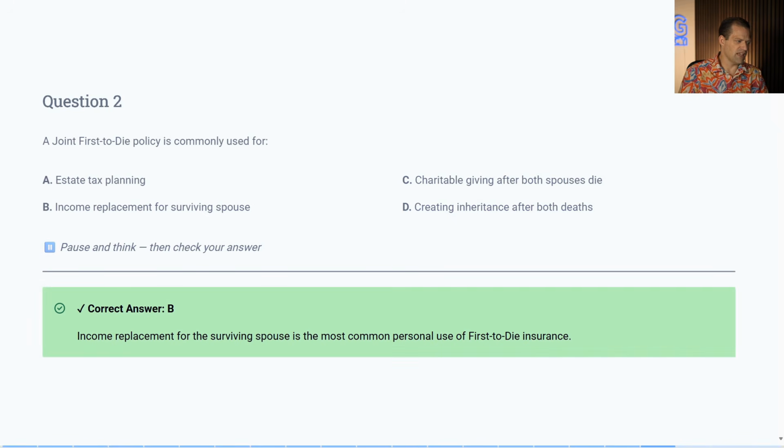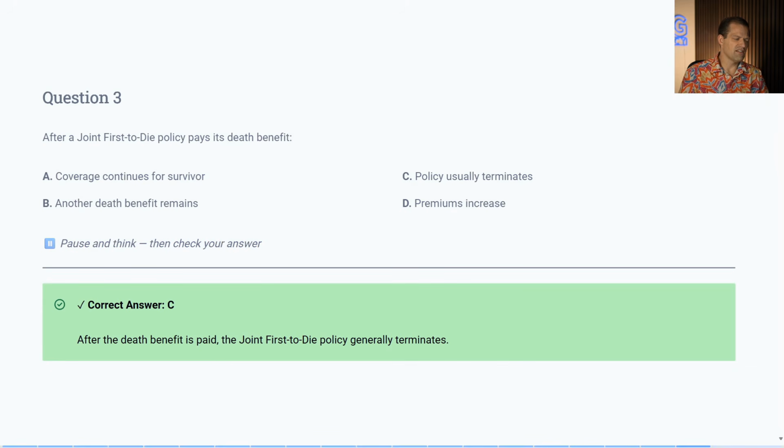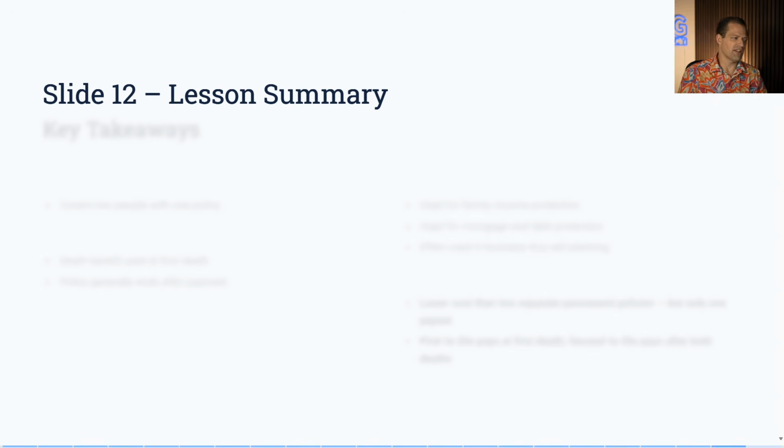The answer is B. Income replacement for surviving spouses is the most common usage. Question 3: after a joint first to die plan pays its death benefit, does coverage continue, does another death benefit remain, does the policy usually terminate, or do premiums increase? The answer is C, because after the death benefit is paid, a joint first to die plan generally terminates.